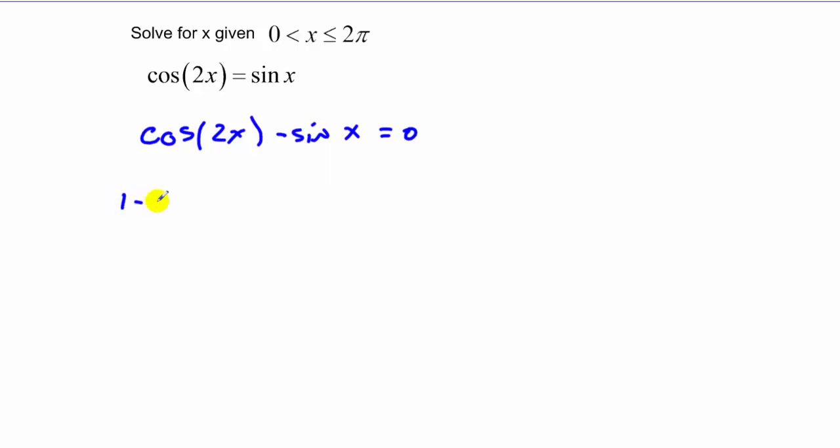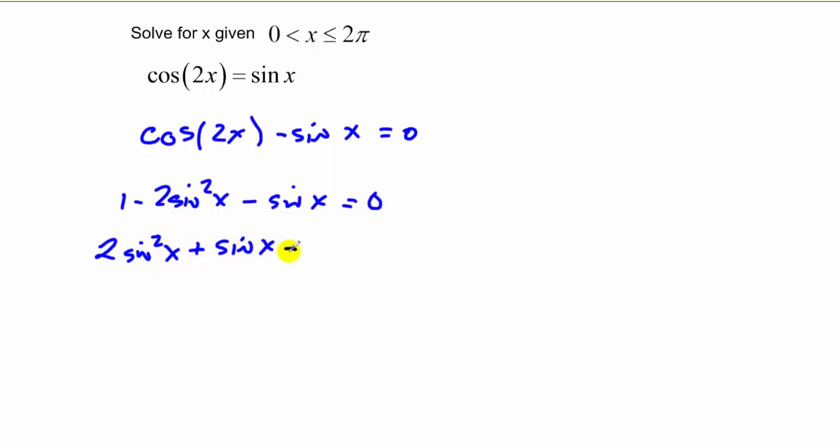So that's 1 minus 2 sine squared of x minus sine of x equals 0. I'm never a fan of factoring anything with a negative squared term, so I'm going to multiply everything by a negative 1 and then put it in the proper order. So that's 2 sine squared of x plus sine of x minus 1 equals 0.